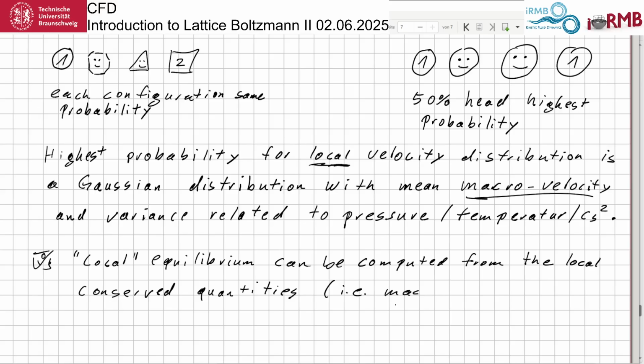And the pressure is also related to mass. Mass, momentum, and in principle, but not here, energy. Okay, so there's a little bit of a strange thing, but we do not take energy into account.